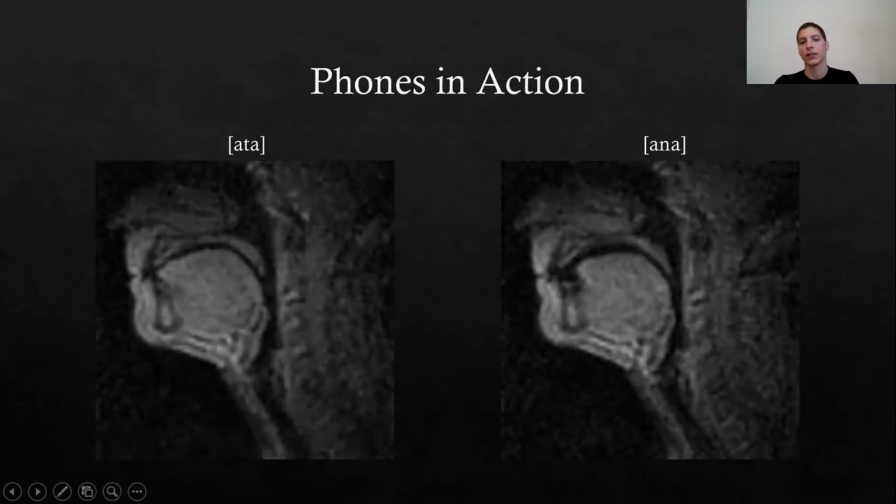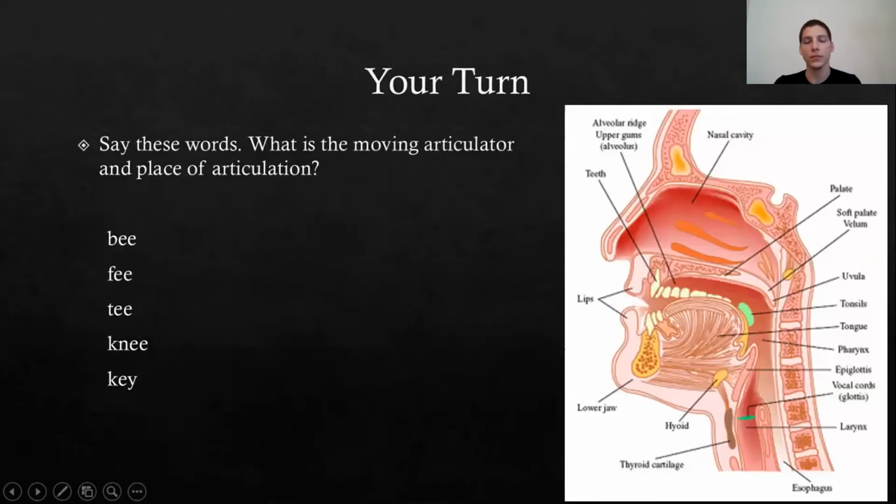Okay, good. All right, so now it's going to be your turn to think about the way that your moving articulators and places of articulation work. For the first consonants of each of the words I've given below, B, Fi, T, Ni, and Ki, I want you to think and put in the chat, or you can just unmute yourselves and speak, what the moving articulator involved is.